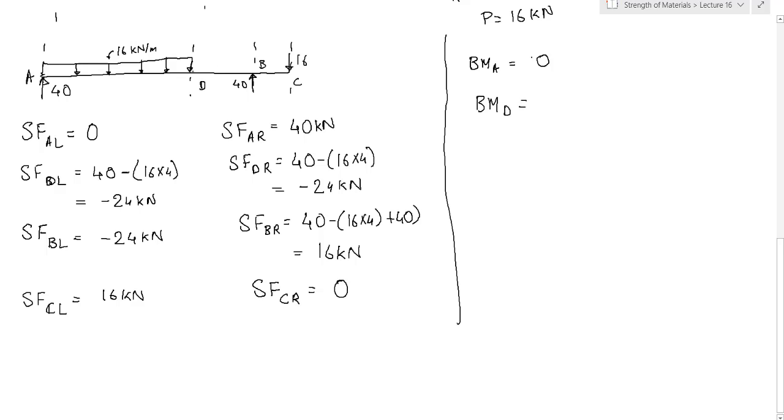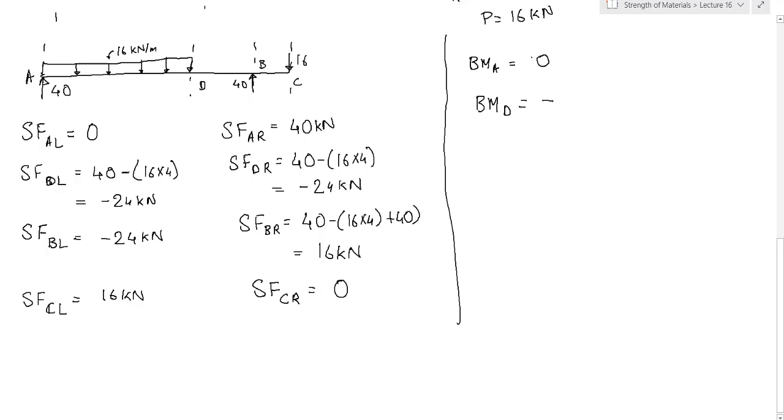Bending moment at D is because of which type of forces? There is the bending moment because of this 40 kilonewton force, right? It is producing what? It is producing sagging motion, right? If my D is fixed, this is my rod, and A is acting upward, it is going to produce sagging motion, so it will be positive.